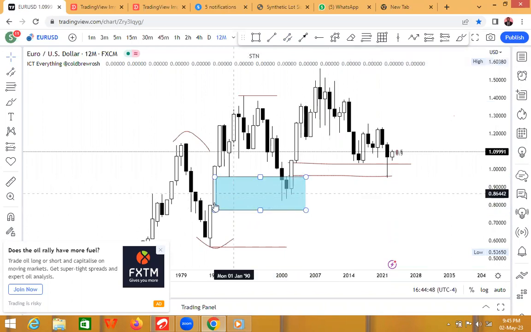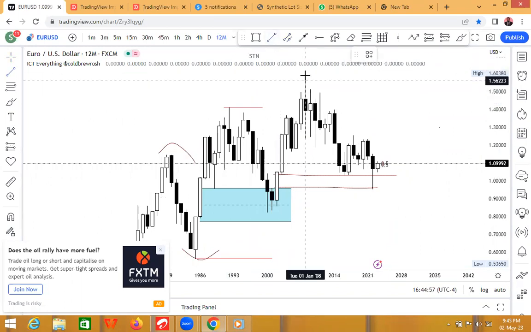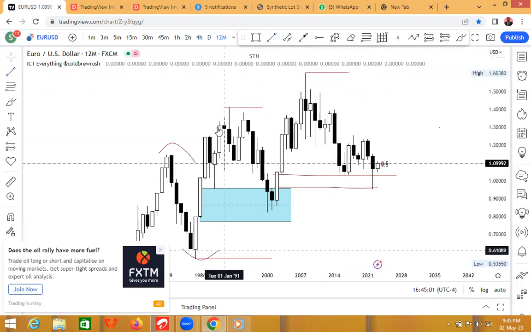Price couldn't close it completely, but price came to the 50% of it. And then price gave us another high. So this becomes our new trading range. A new high has been formed, and this became the new higher low.